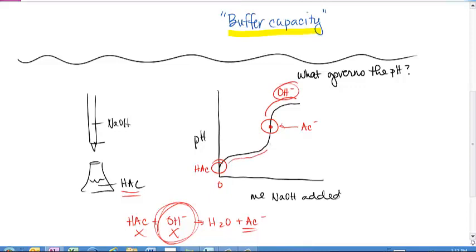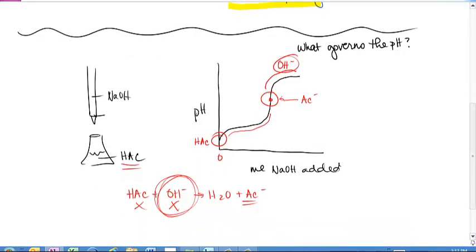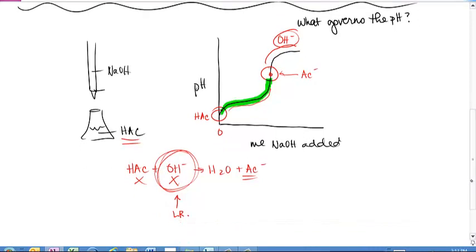But anywhere above 0 but not to the equivalence point, the OH- is the limiting reactant, which means we run out of OH- first. So anywhere in the green area, there is leftover acetic acid and the acetate ion has been produced.